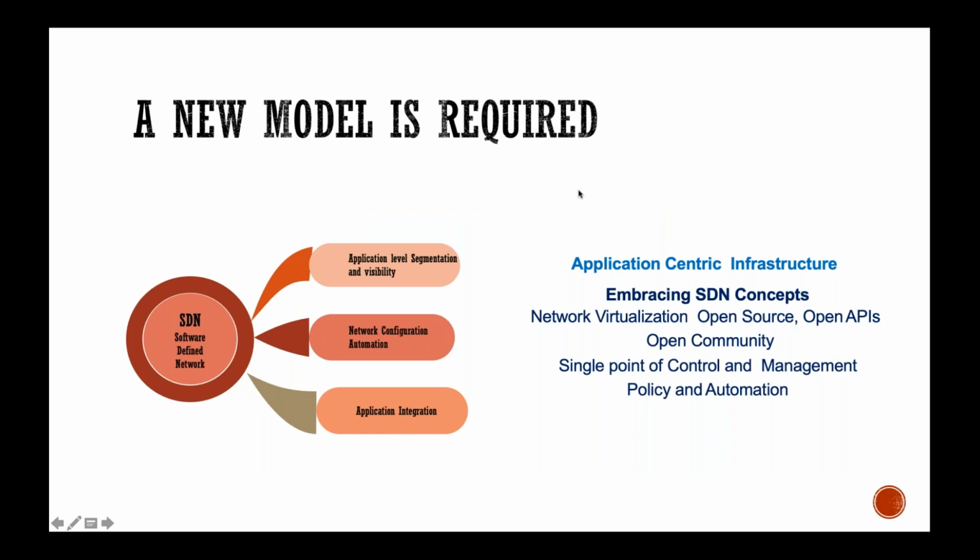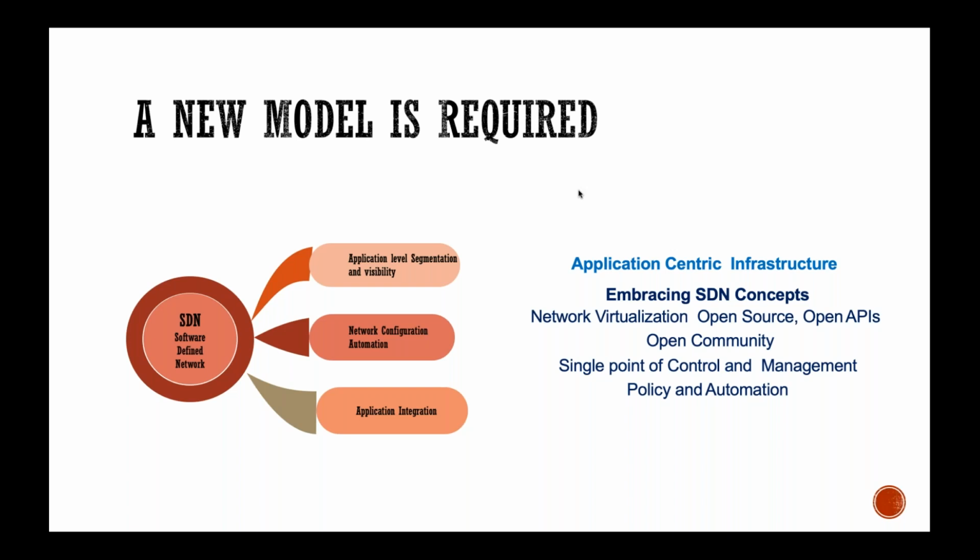Application integration. When I'm saying that I have application level visibility and network automation, let the network be intelligent enough so that it can understand the language of my applications, how my application is speaking. Earlier, we used to have two different silos. One is network, where we talk ACLs, VLANs, networks.